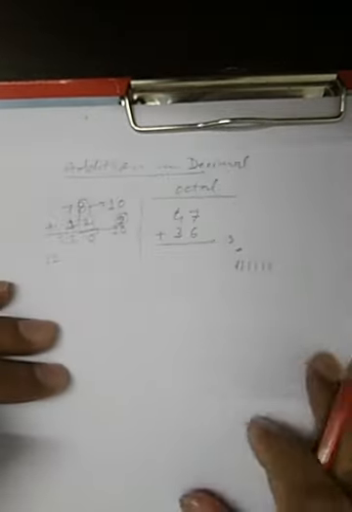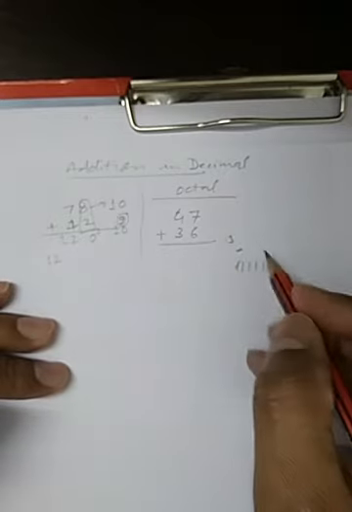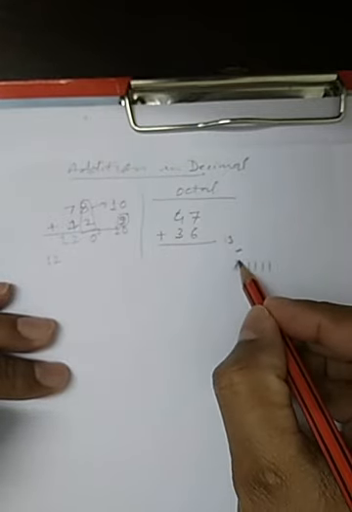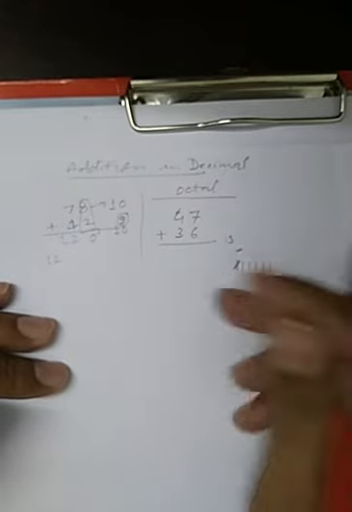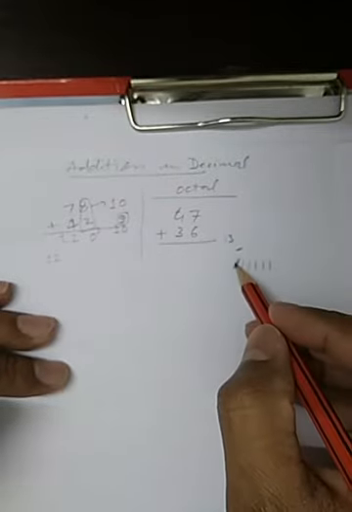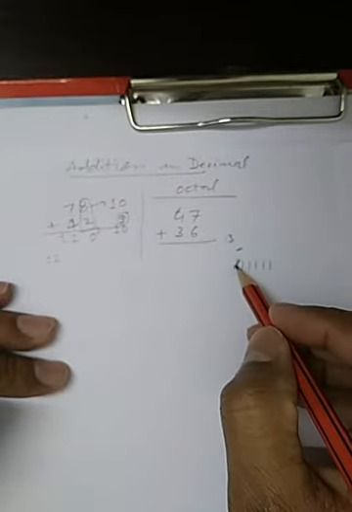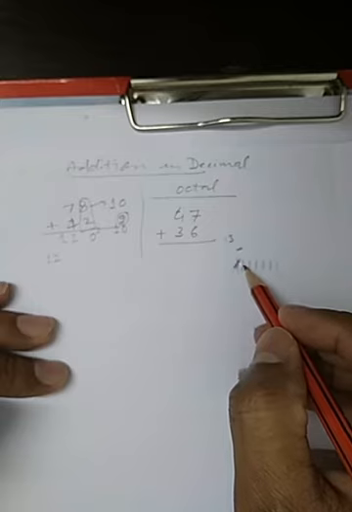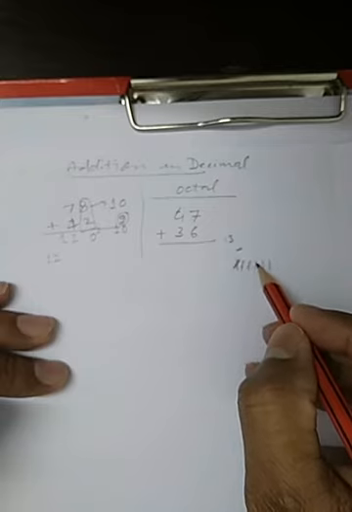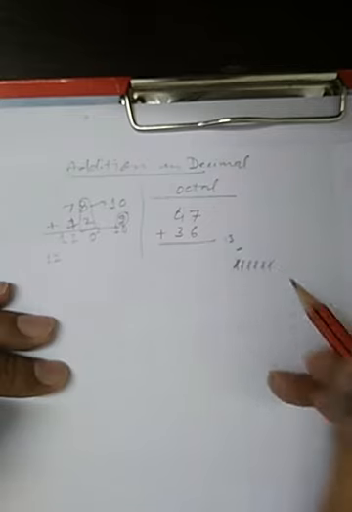So after 7, I will produce a carry. 7, 8, 9, 10, 11, 12, 13.